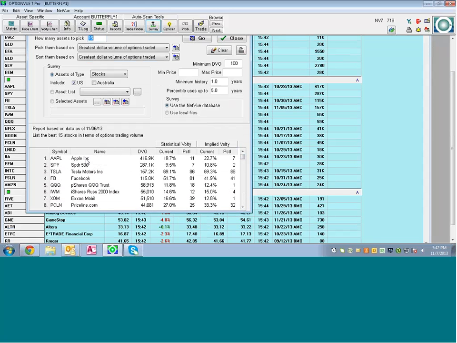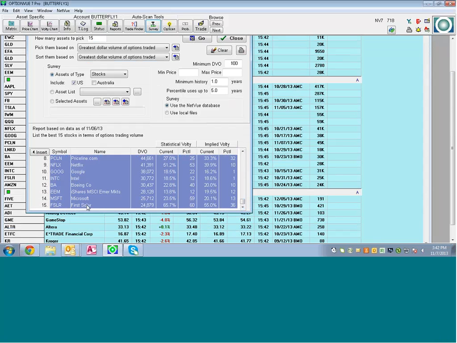If I want to do the next step, how do I get these symbols into this very nice quotes display over here? They already are here, but just to show you, you would highlight the first one, scroll down to the last one, hit the shift key on your keyboard, and then hit insert.